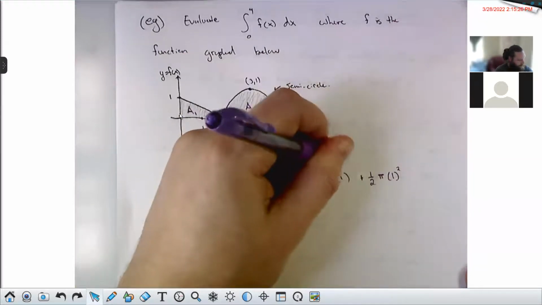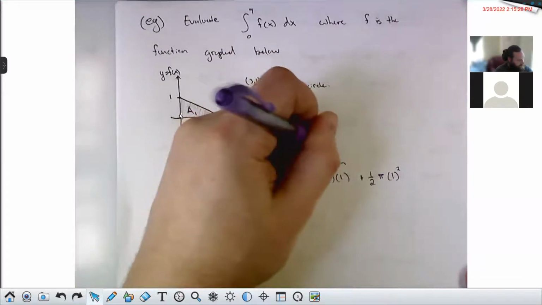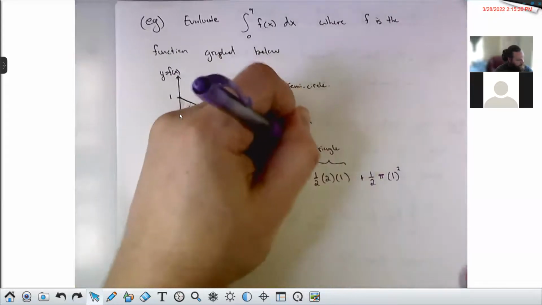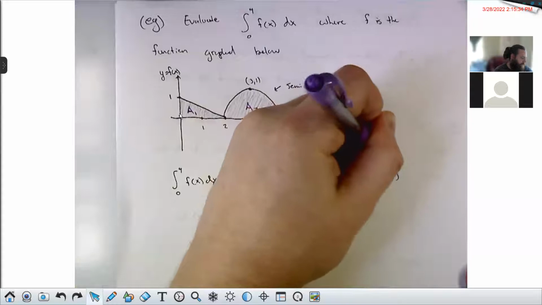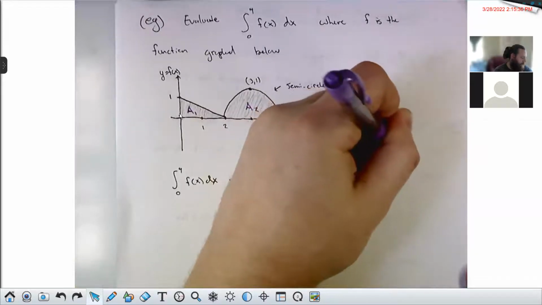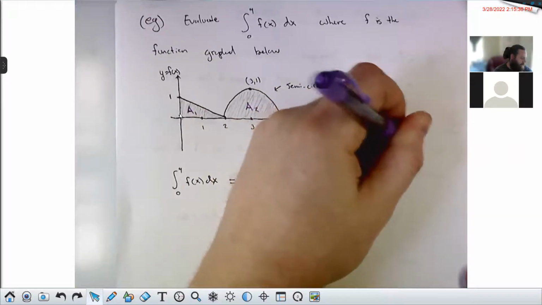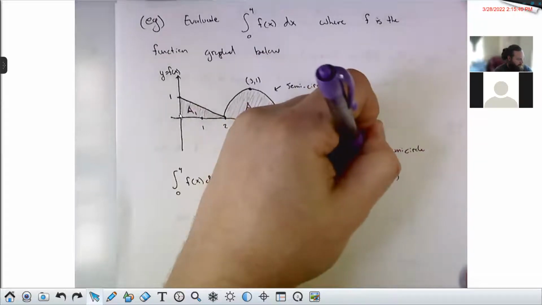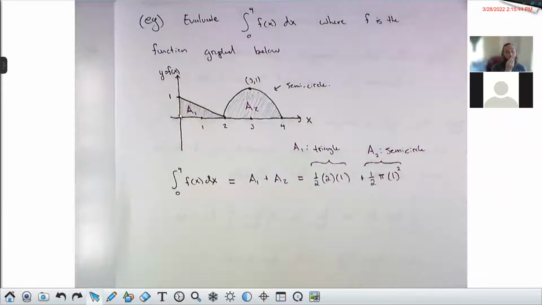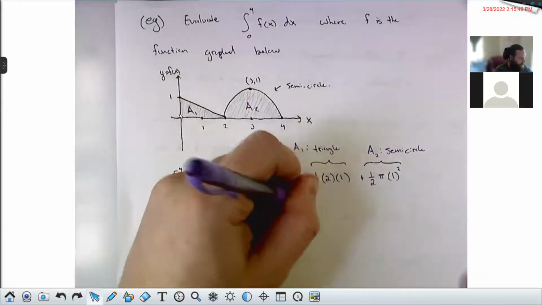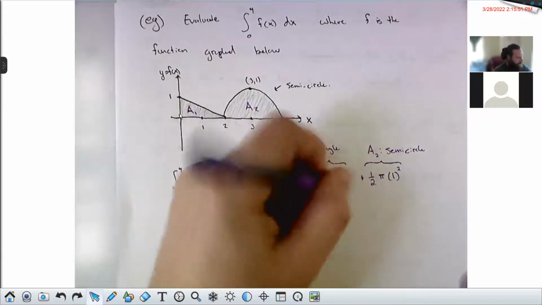Thinking here, this is like a triangle. And that A2 is a semicircle. Neither of those is a challenging computation. 1/2 times 2 times 1, that's 1.